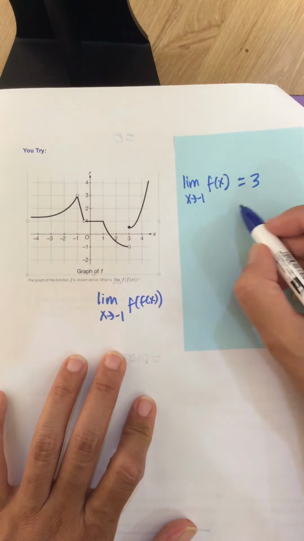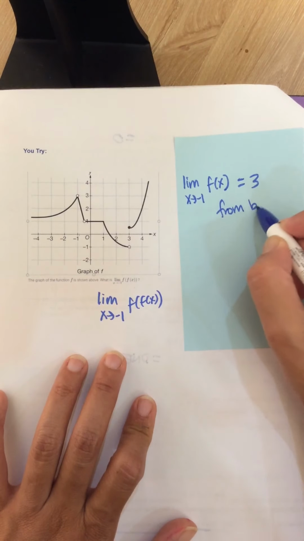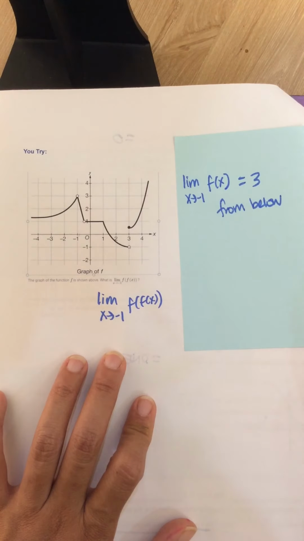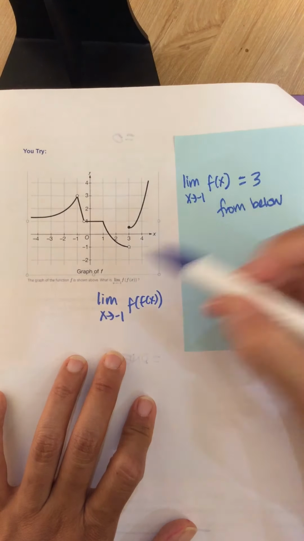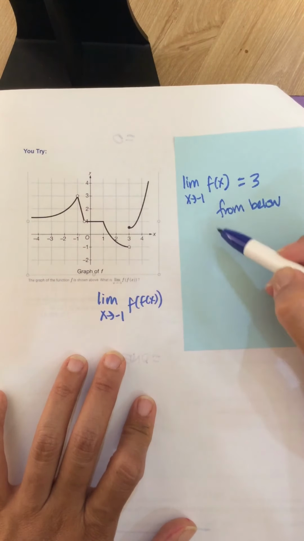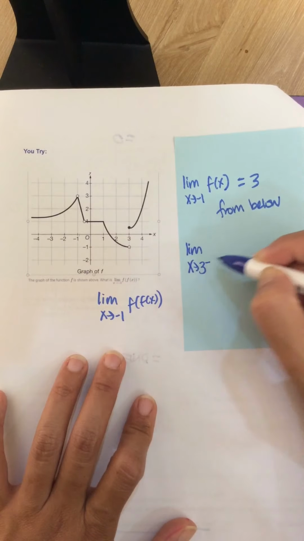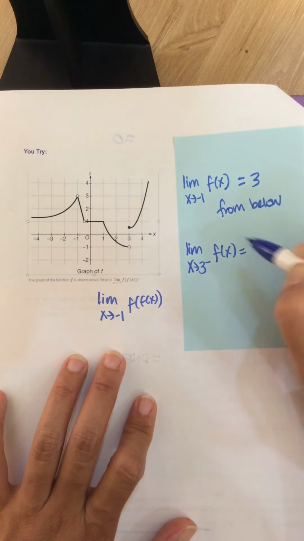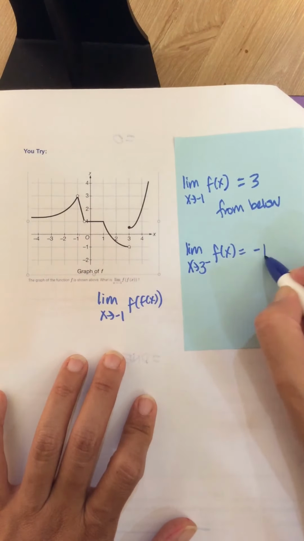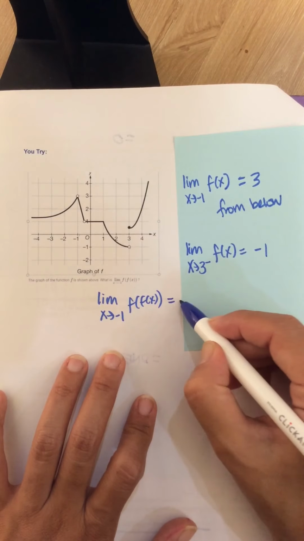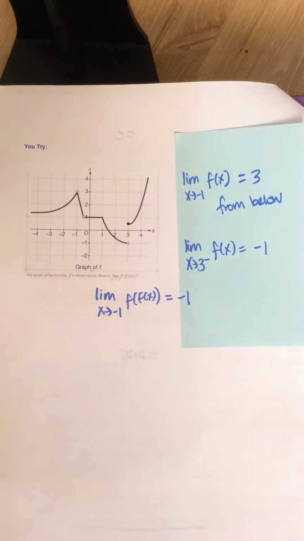And guess what? It's from below. We'll have to do an example from above next time. So then that's helpful because now when I have to find f of 3, it's discontinuous. So now I know that I can evaluate 3 from the left of the outer function, which ends up being -1. So my answer to this whole thing is -1.